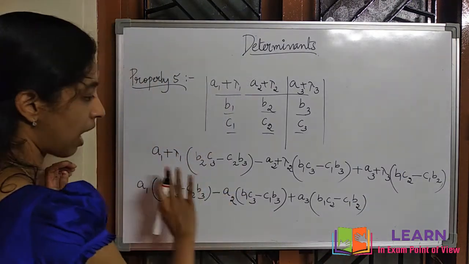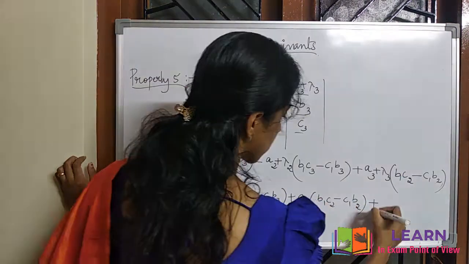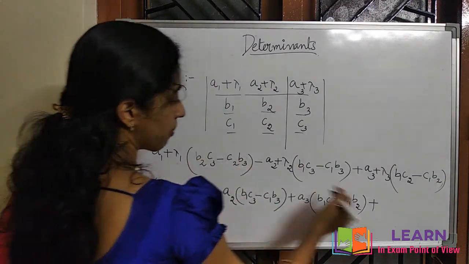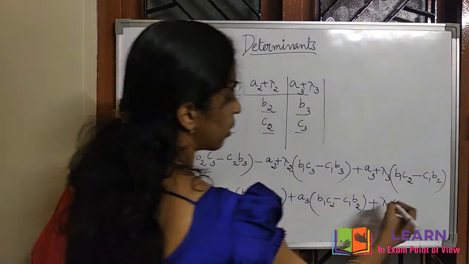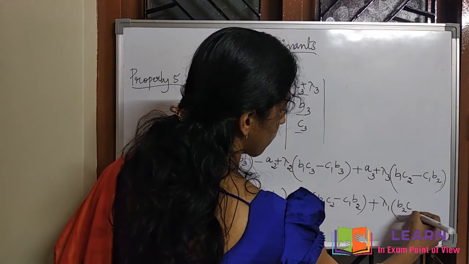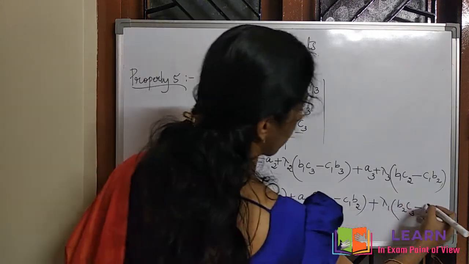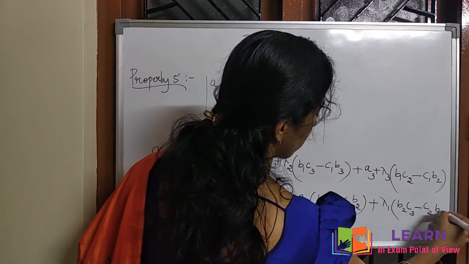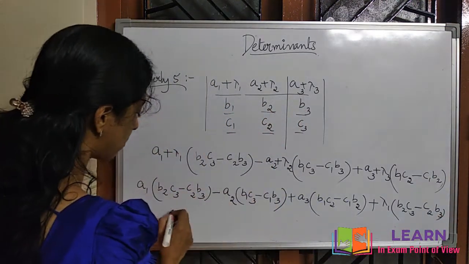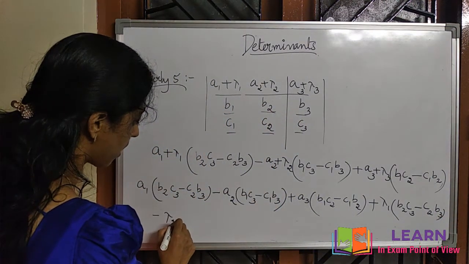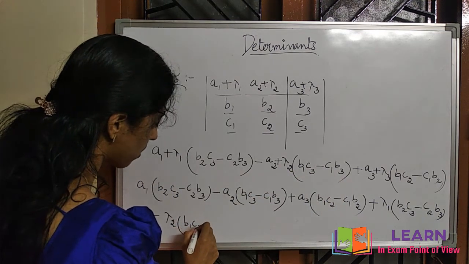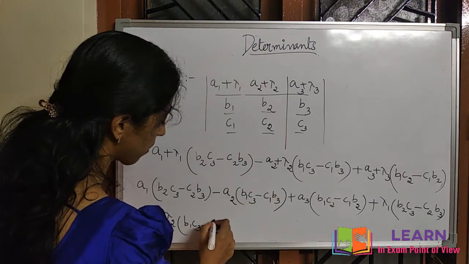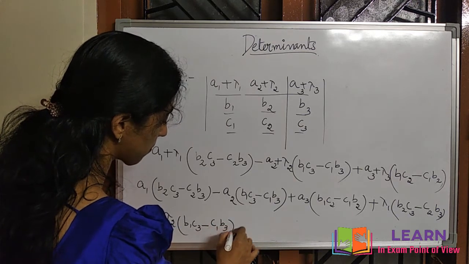Then again the lambda terms. Plus, starting from lambda 1, again b2 c3 minus c2 b3. Then next minus lambda 2, then this term b1 c3 minus c1 b3.